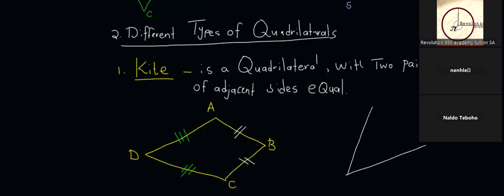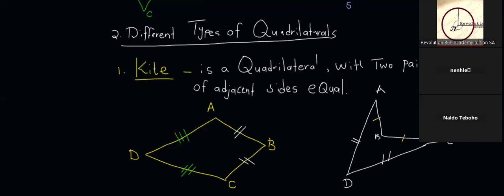And then we say that is A, then that is B, C, D. This side is close to that one, and this side is close to that one. So this is a kite. Now you understand what a kite is. So if they ask you what is a kite at school, we are not going to be confused, because I've shown you that that is a kite.